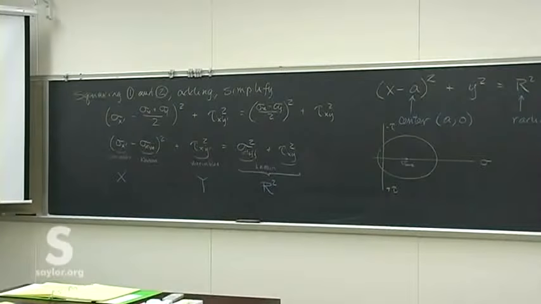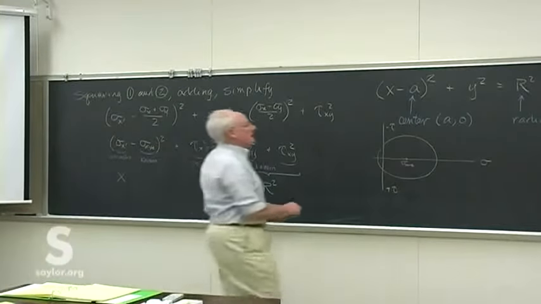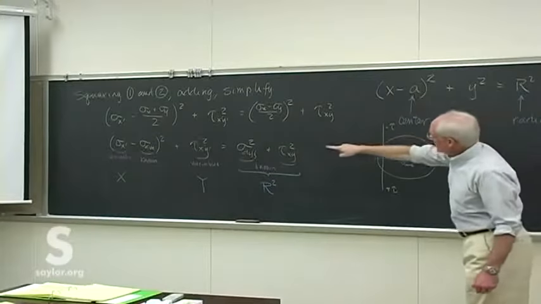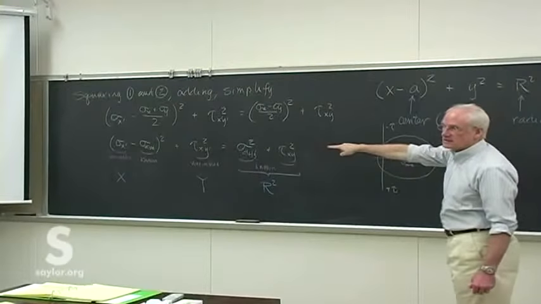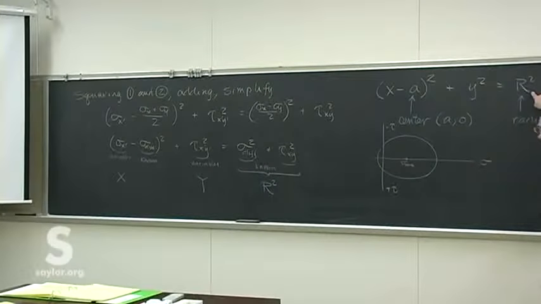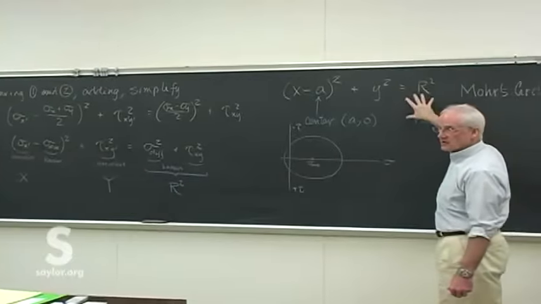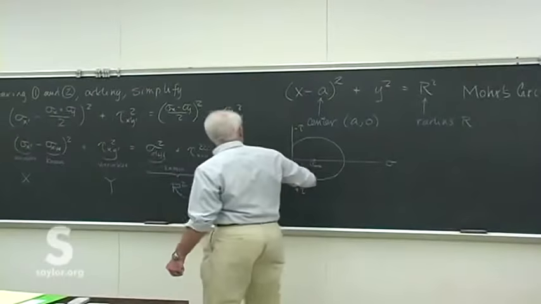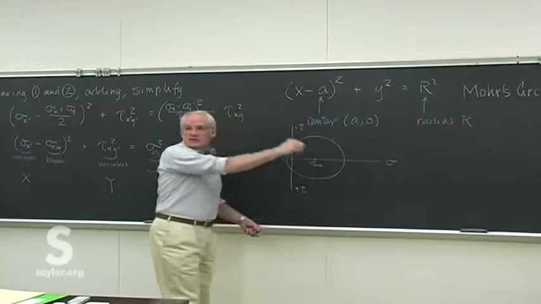Now that circle is established by these known values. A is a known value coming into this analysis. R is also a known value coming into this analysis. Once you've done the original analysis in the horizontal and vertical directions, you've established this circle.